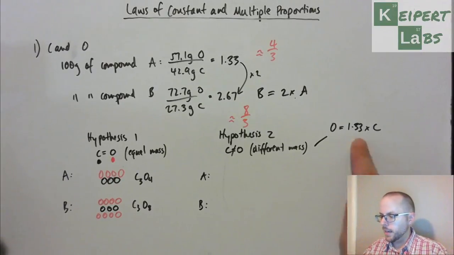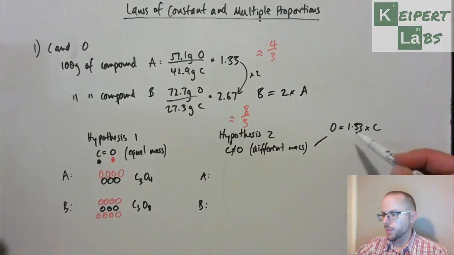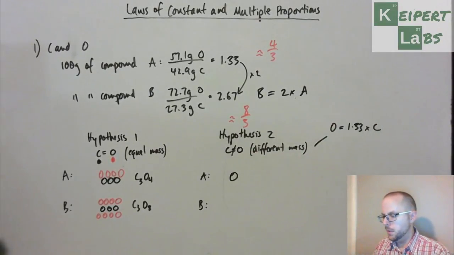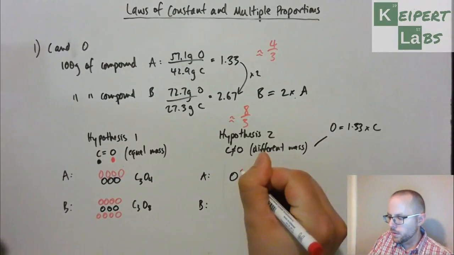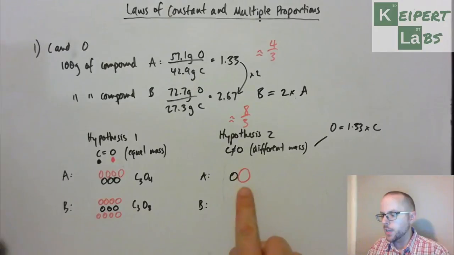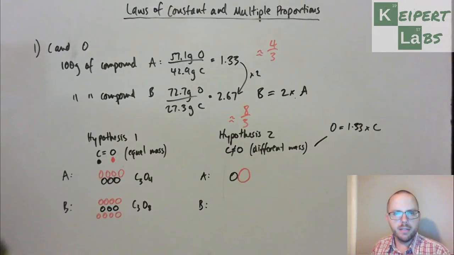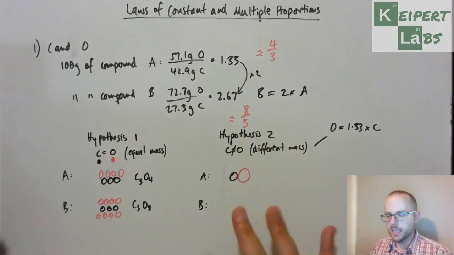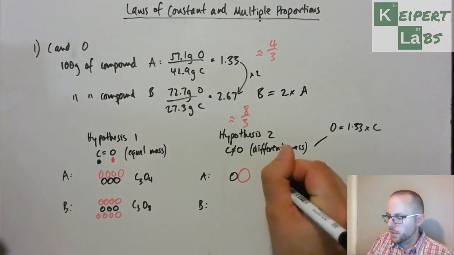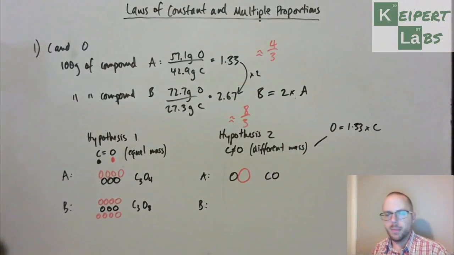So let's say the reason that we have this ratio is that we have 1 carbon and 1 oxygen, but my oxygen is a bit larger in mass than my carbon, specifically 1 1/3 times the mass. I'm going to represent that with a slightly different size here, because I can't really do it any other way. So my formula would be 1 carbon and 1 oxygen.